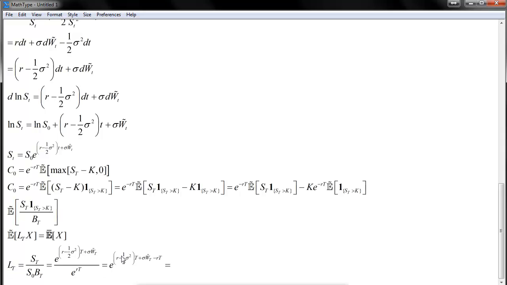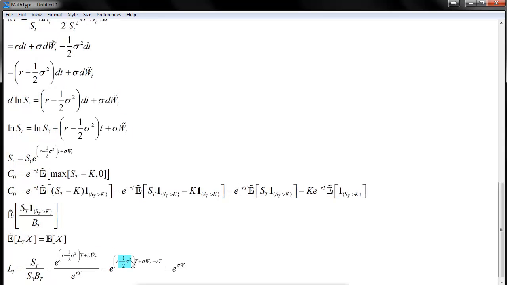So what I basically have is just the exponential of, maybe I should use this one as the first one, this one minus this term times t. Okay, and this is really the Radon-Nikodym derivative.